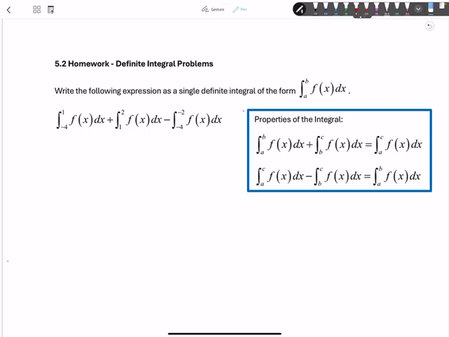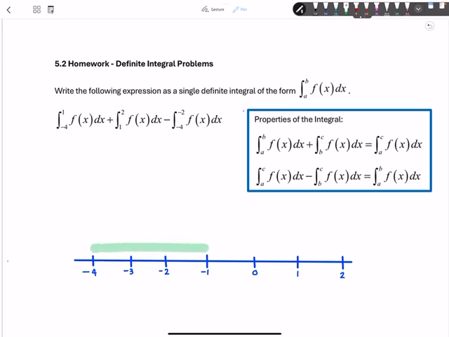All right, so right here, I'm going to start with a number line, and maybe let me use a highlighter here. If we have the value for the integral from -4 to 1, we add to that the integral from 1 to 2.